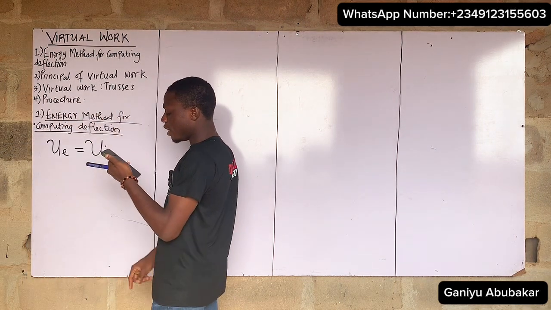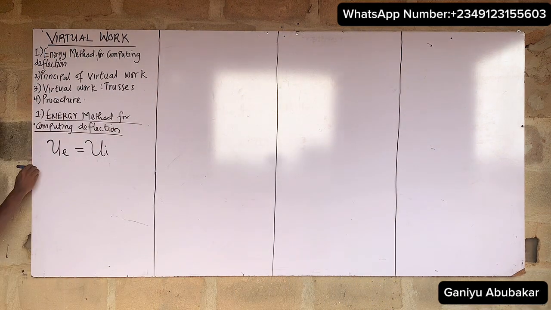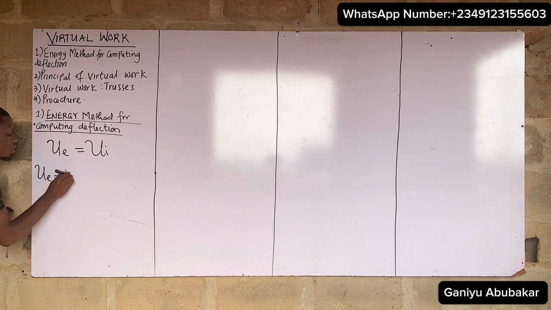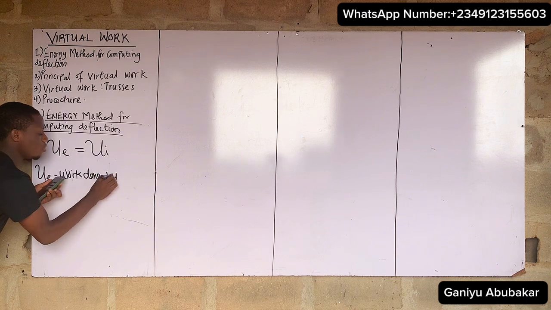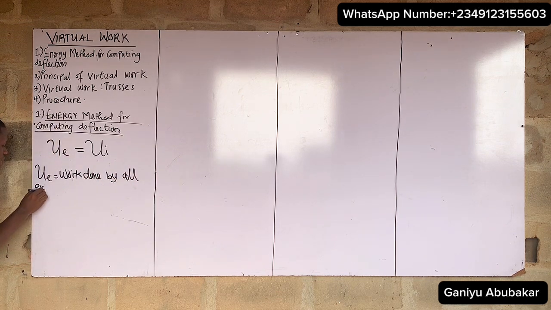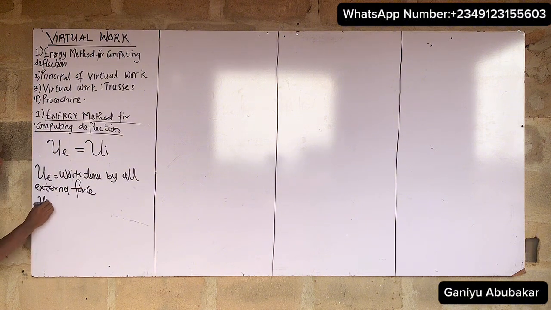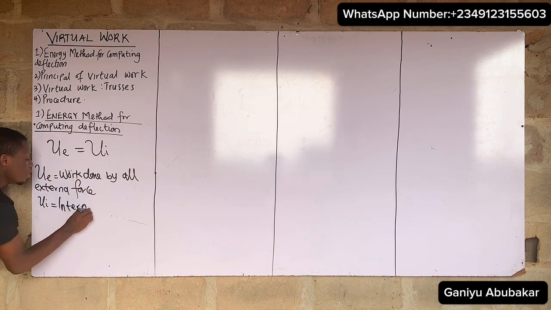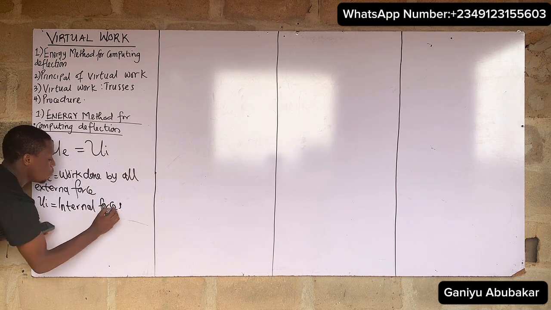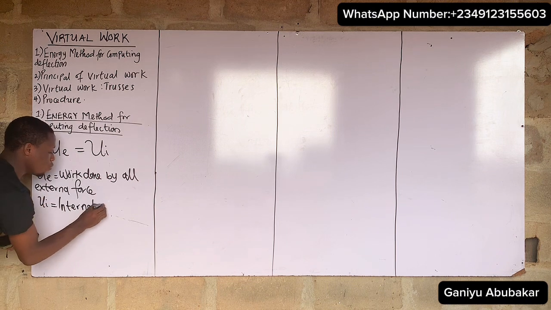UE refers to the work done by all external forces. While UE is the work done by all external forces, UI is called the internal work done, or internal work if you want to.